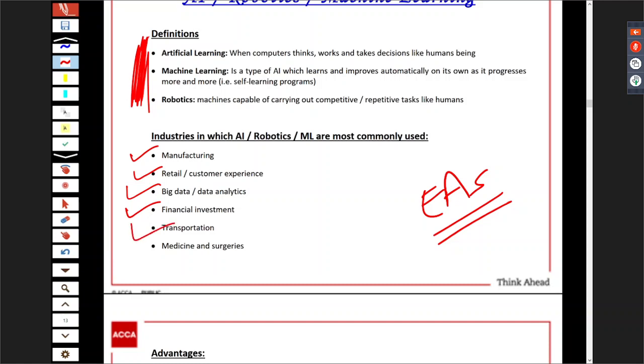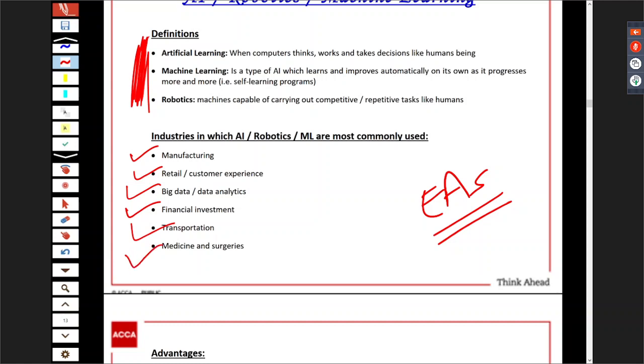Transportation. Have you heard of driverless cars? Do you know that airplanes fly on autopilot? They can land without even a pilot touching a single button. Do you know that road and signal management can all be automated? So all transportation is using it. Then medicine and surgeries. Have you heard of robotic surgeries?